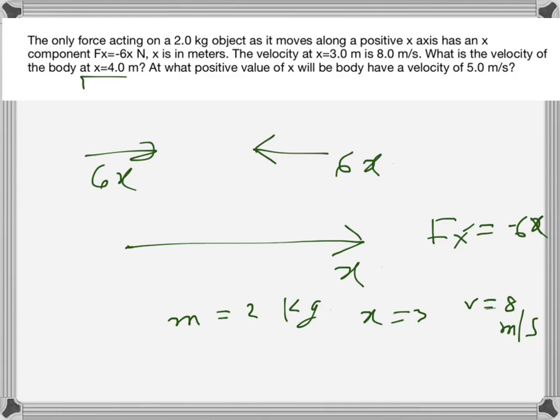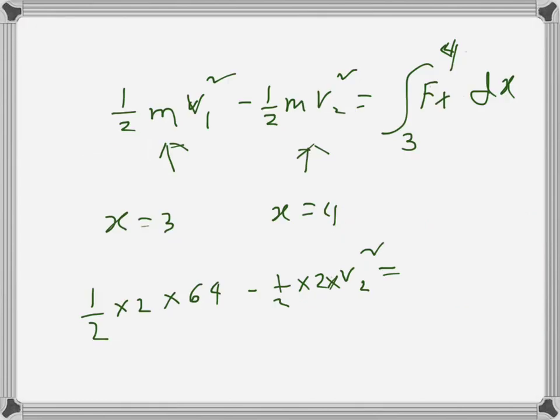But since I know the force is in the opposite direction and the kinetic energy will reduce, the minus sign is already incorporated by writing initial minus final. So in the integration I won't write the negative sign anymore. That's 6x dx, from 3 to 4.